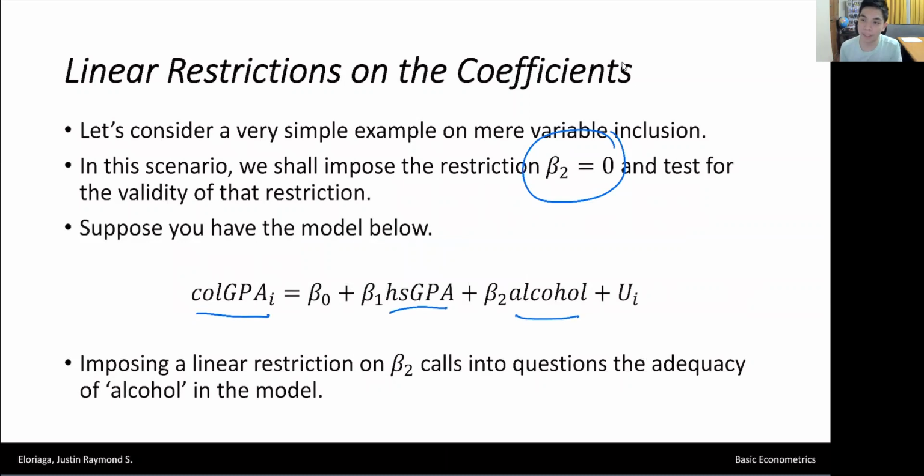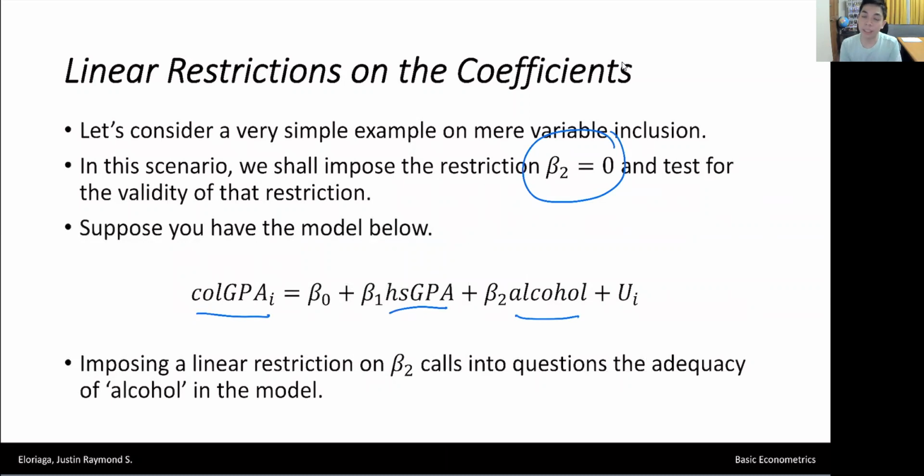Based on logic, college students who go out to drink more often generally have less time to study. Hence, we would think that the college GPA wouldn't be as high as compared to someone who doesn't drink a lot of alcohol. And that's by assumption.